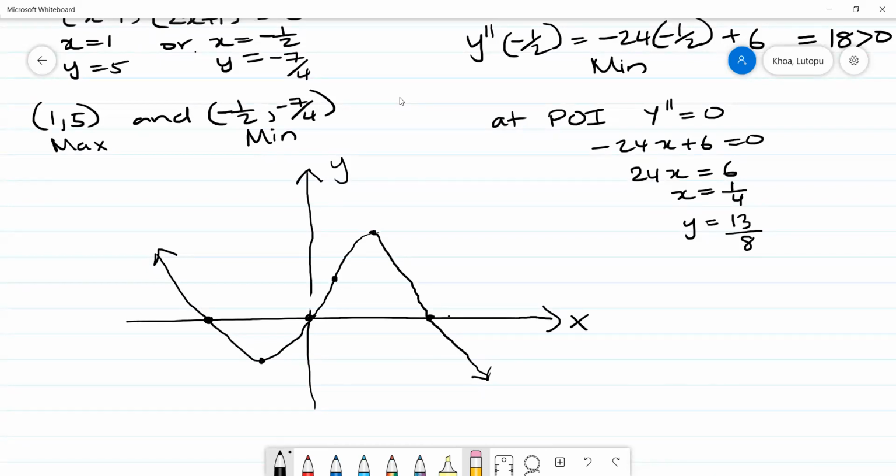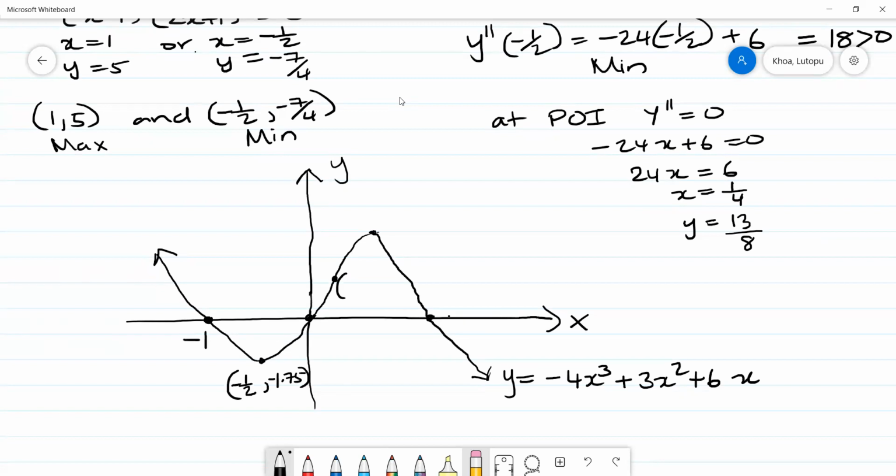So somewhere here it stops facing up and starts facing down. So label all the critical points. y is equal to minus 4x cubed plus 3x squared plus 6x. This point here is negative 1. Here I have negative 1/2, minus 1.75.